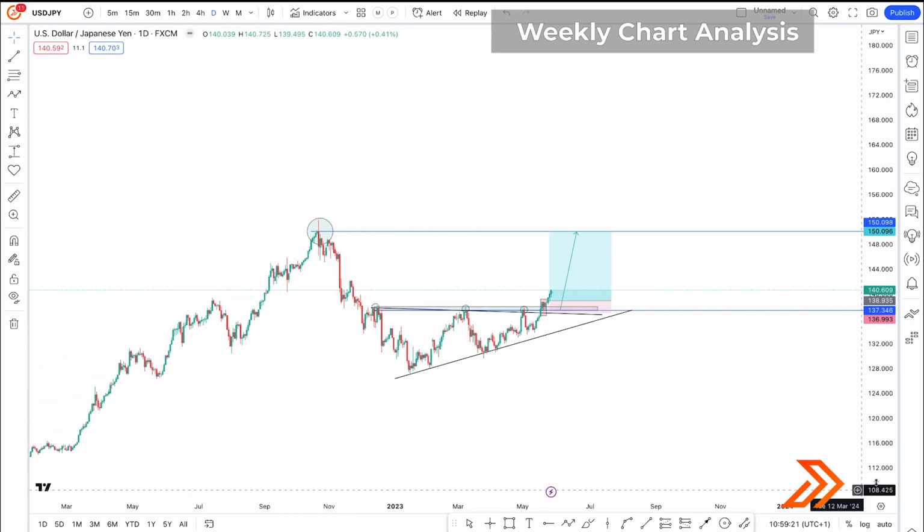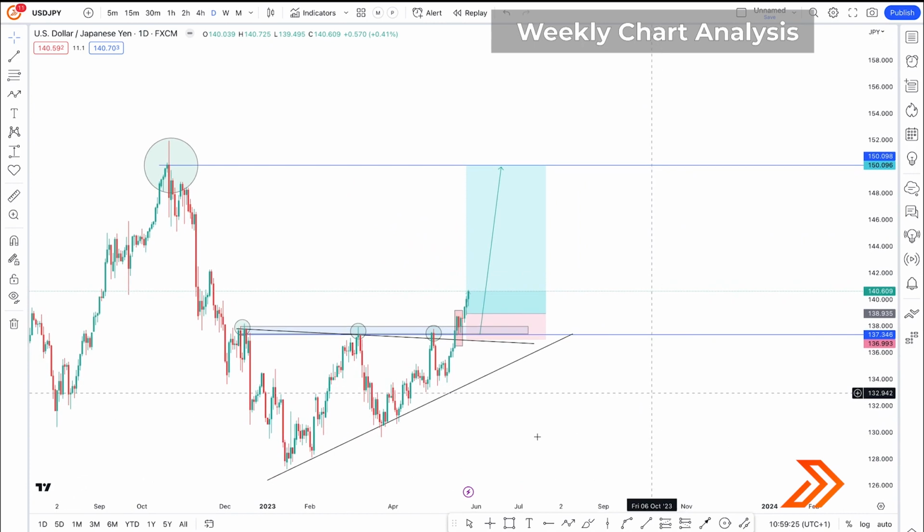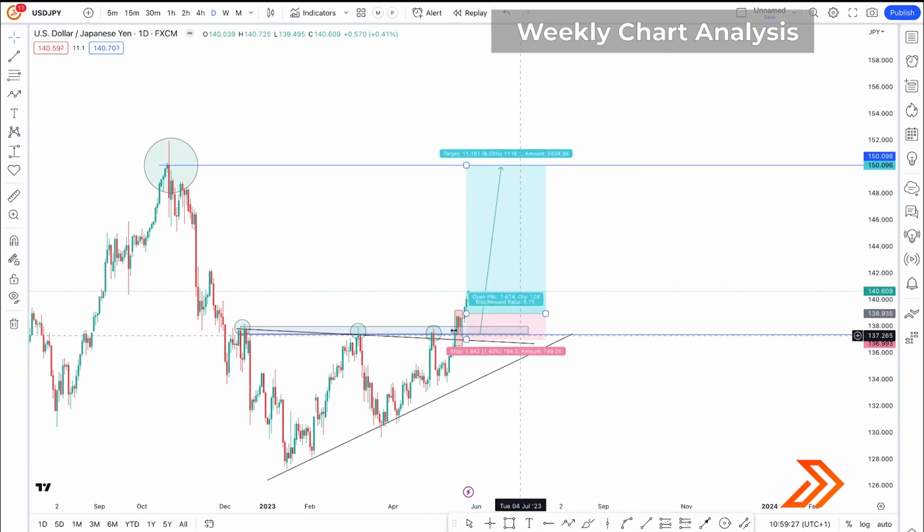So which means that now we have price breaking out of this channel.